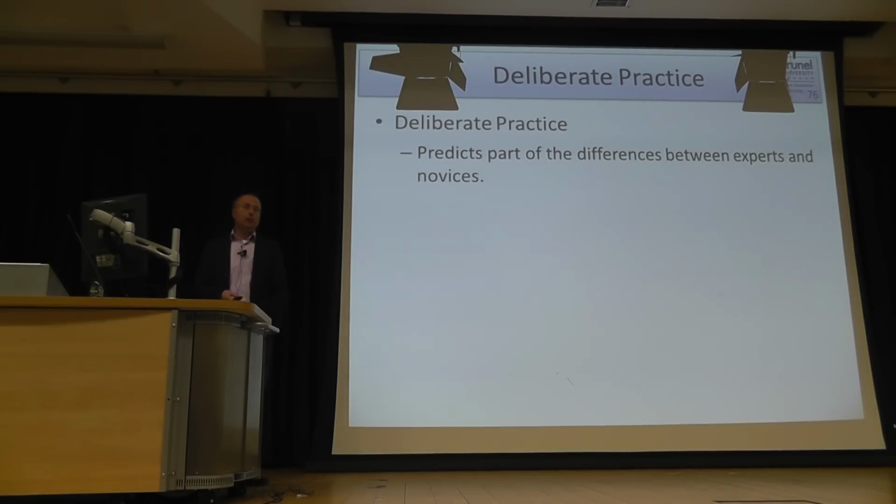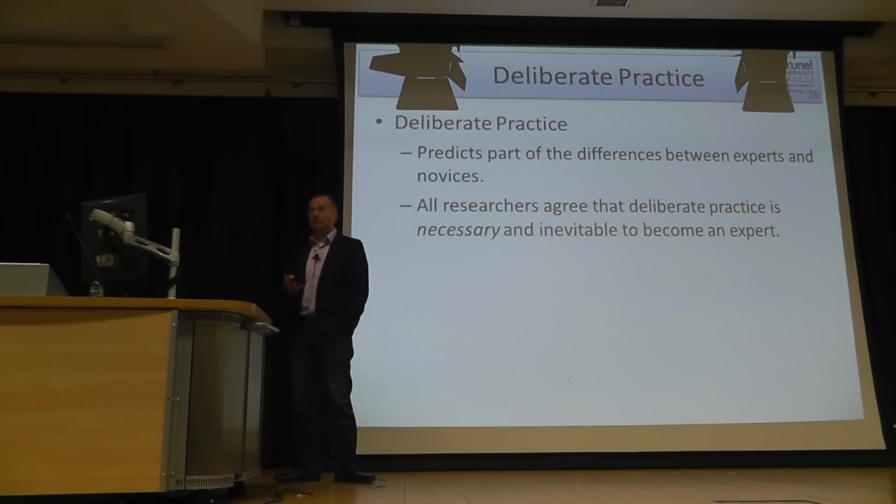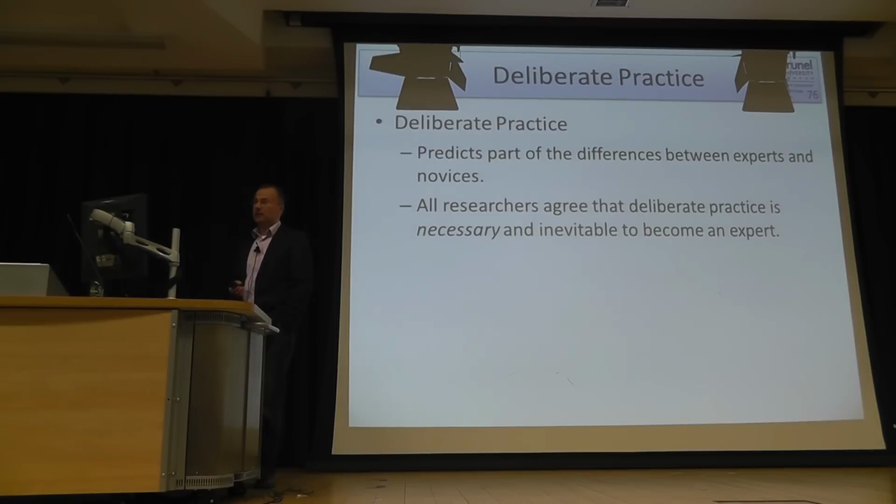And it surely predicts at least part of the difference between experts and novices. And basically all researchers agree that it is necessary and inevitable to use deliberate practice to become an expert. So there's no way around that.